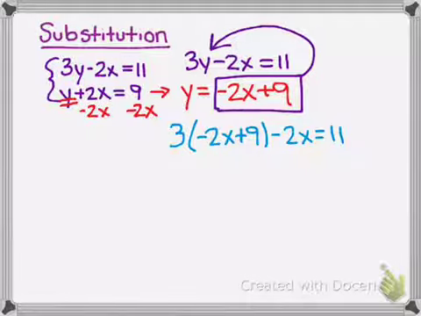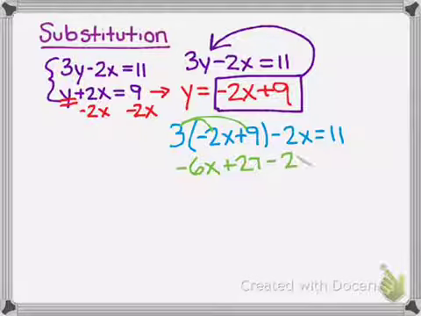So now that we have one equation in terms of one variable x, we can now solve for x. So to begin this, I'm going to distribute the 3, and I'm going to get -6x plus 27 minus 2x equals 11.